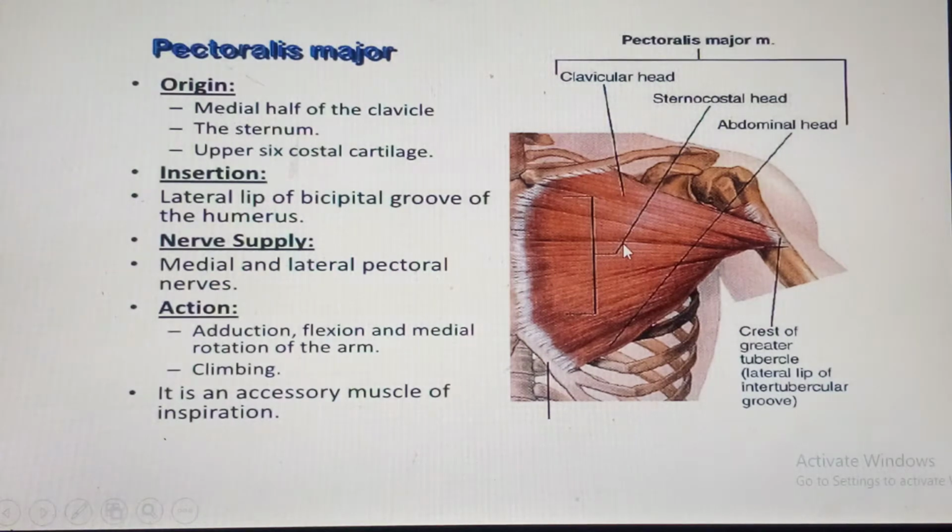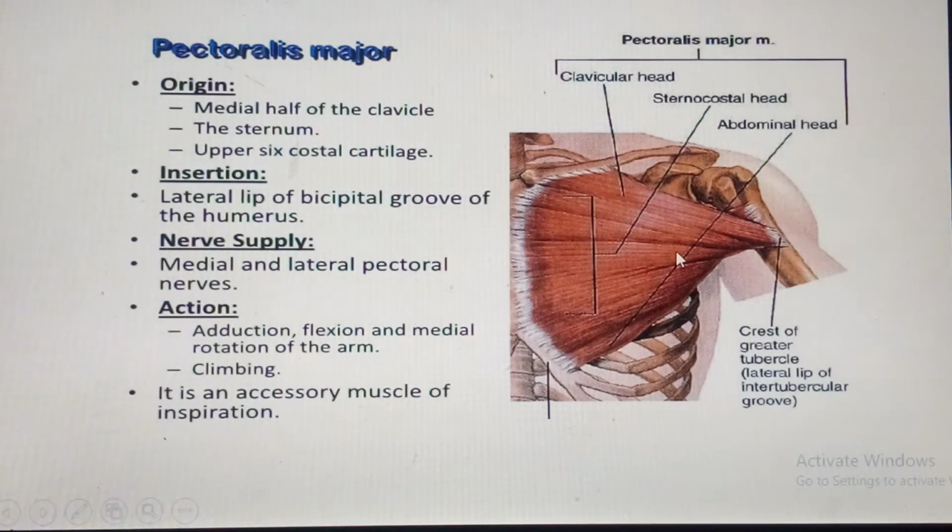Now this muscle, its clavicular head will be very important as far as flexion of the arm at the shoulder joint is concerned. Now its sternocostal fibers will be important in extending the flexed arm.